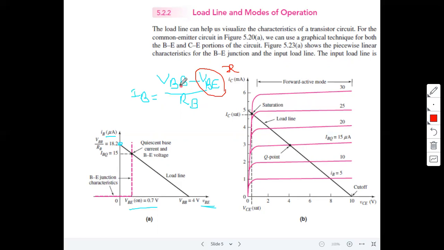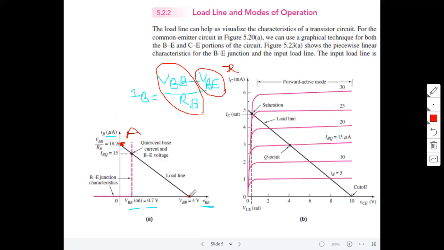IB is equal to VBB by RB. Keep one point here, VBB by RB. Let us identify this as point A, that is equal to 18.2 microamperes according to the previous data.